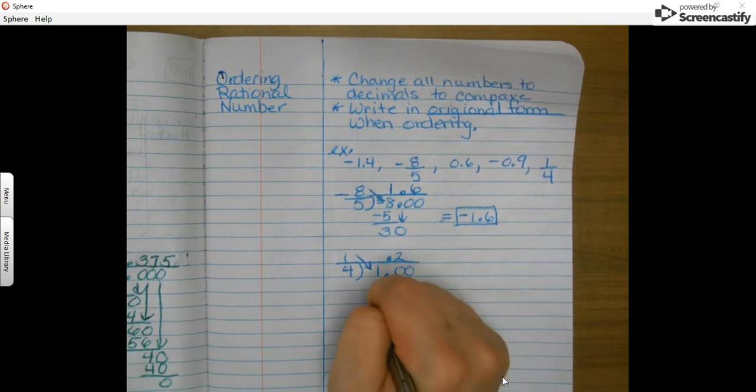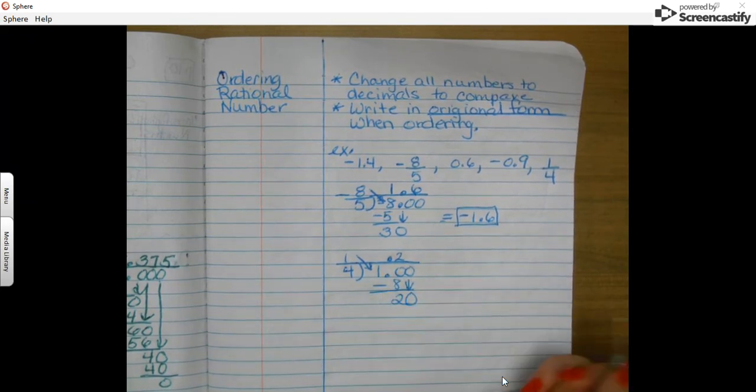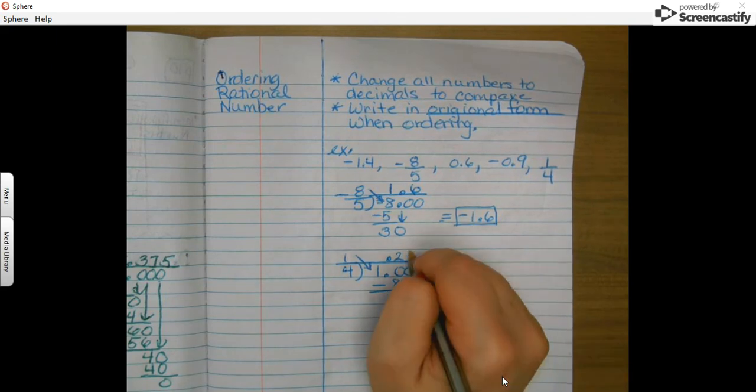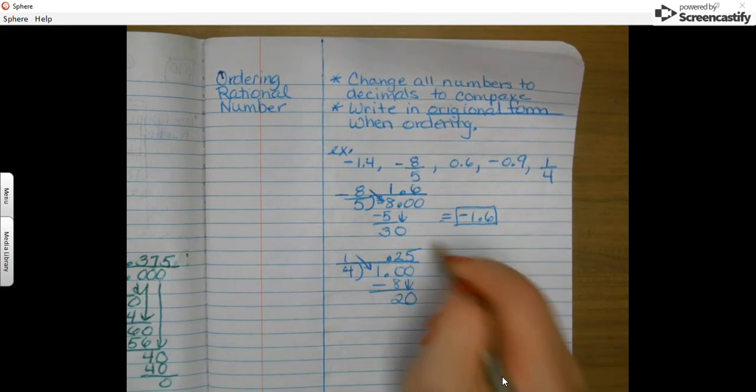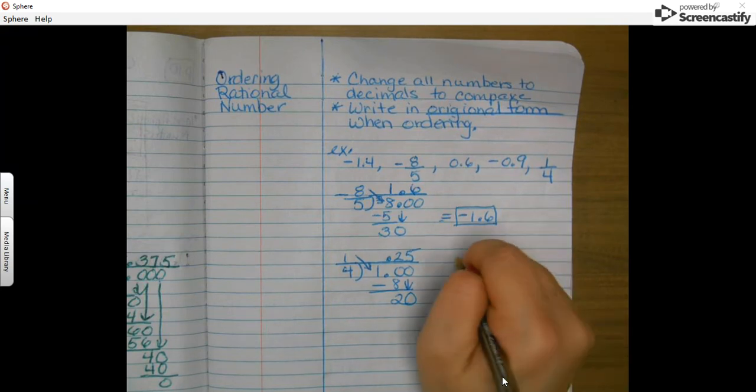If I subtract 8 from 10, I get 2 left over. I'm going to carry that 0 down. How many times can 4 go into 20? 5 times. Perfect. The 1 and the 4 are both positive numbers. So if you look on the wall for the rules for integer operations, when you multiply and divide, when you have the same sign, what kind of answer do you have? Good. So the answer here is 0.25.